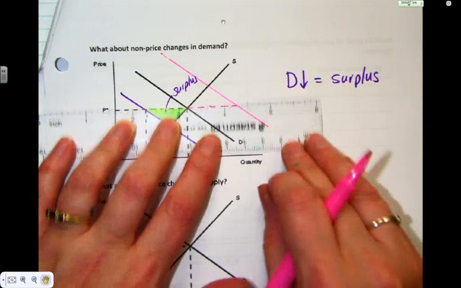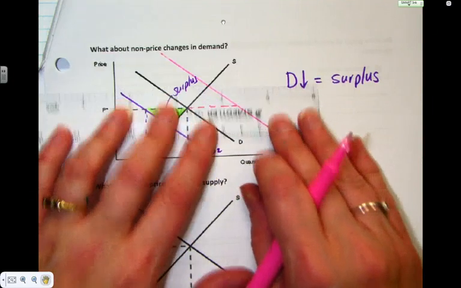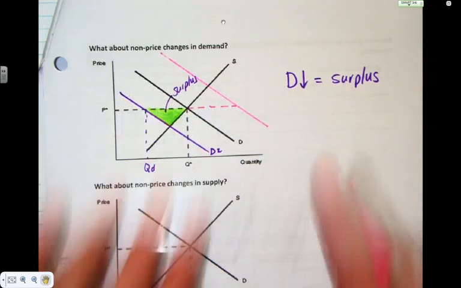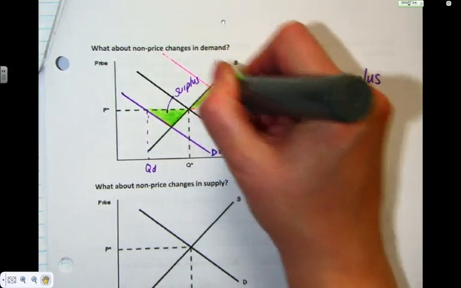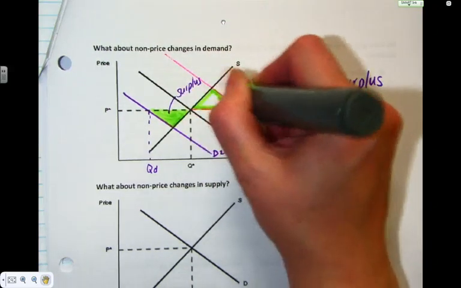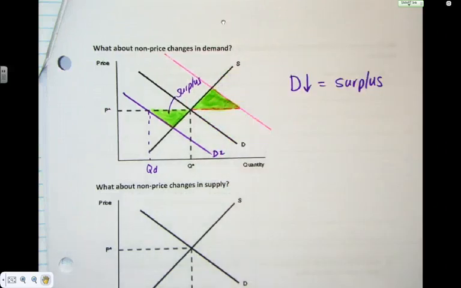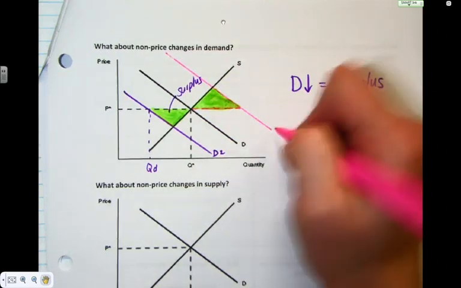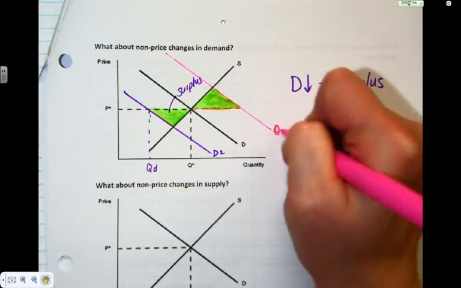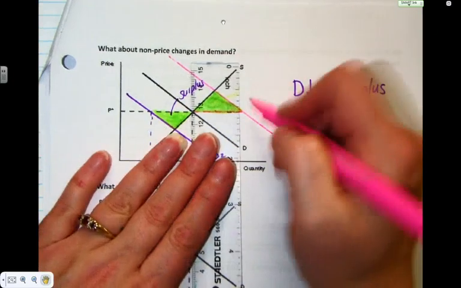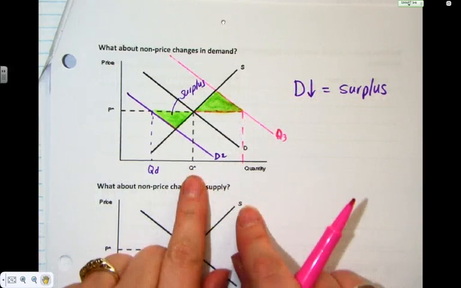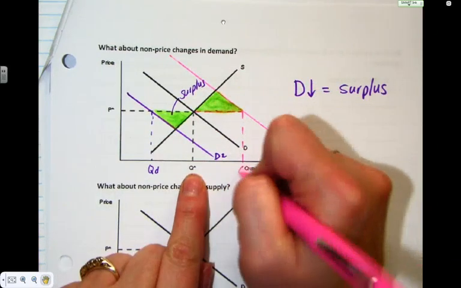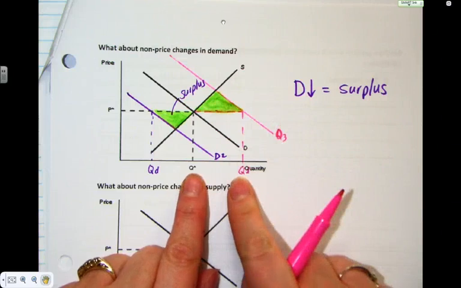So I'm not moving my price up to the tip of that triangle because this time price is staying exactly the same. But my triangle ends up being here. And so let's call this D3. And so the equilibrium hasn't moved, but suddenly QD is way down here. So what does that mean?